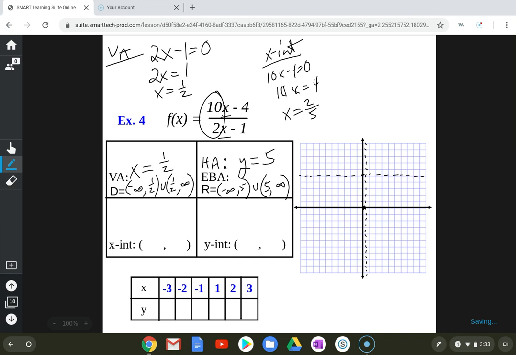So there's our x-intercept, (2/5, 0). Okay, and then our y-intercept, we set x equal to 0, so we get y equals negative 4 over negative 1, or 4. So we're going to intercept the y-axis at 4.